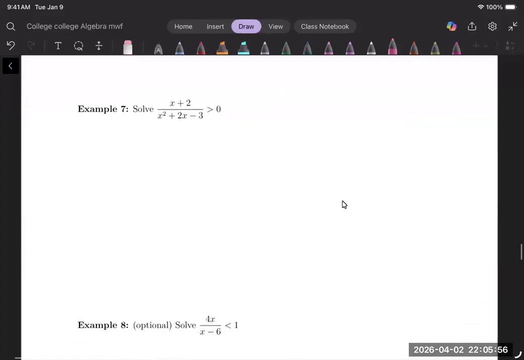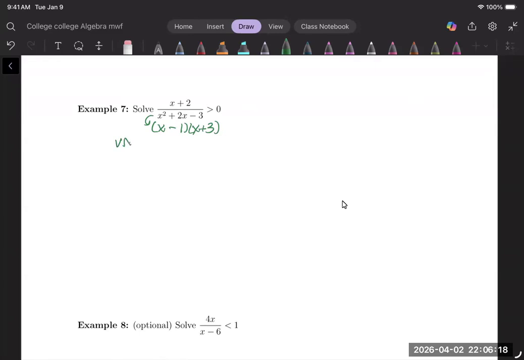Easy enough. Okay, here we'll do it graphically, because I've learned in my time that students really like the graphical method. They like that visual, and that's totally fine. So x and x, 3 and 1. I have a +3 and a -1. I'm just factoring the denominator.